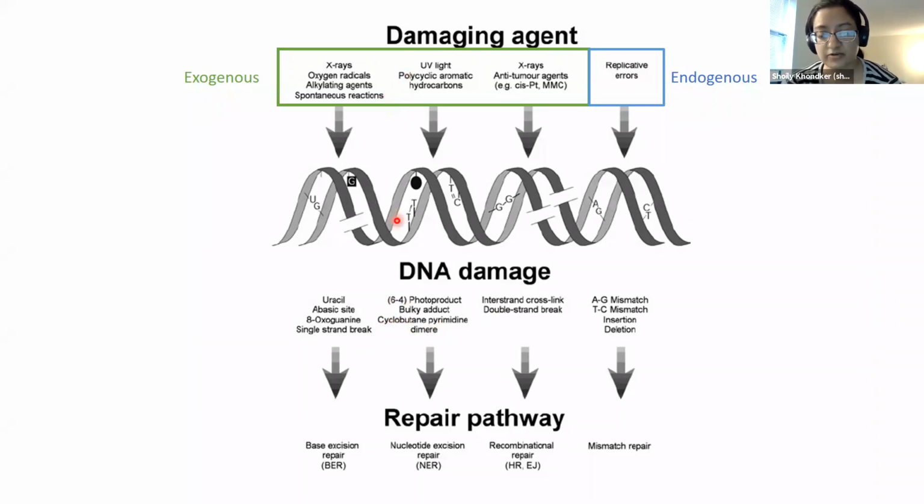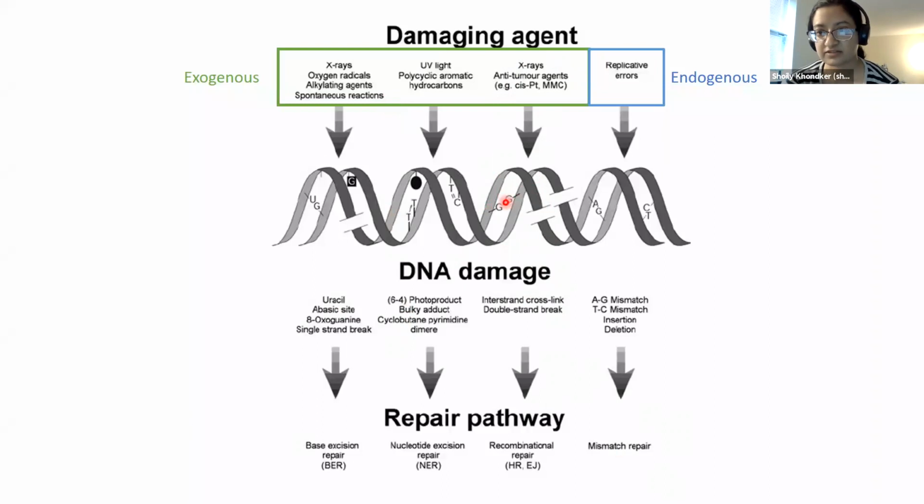Polycyclic aromatic hydrocarbons can result in bulky adducts, where a region of DNA is bound to a toxic chemical. And then X-rays and anti-tumor agents can result in double-strand breaks or in intra-strand crosslinks, which are shown here.